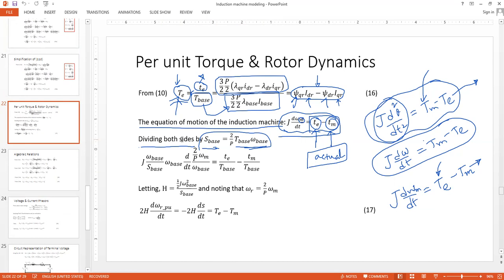Once you divide by this S base, the apparent power base, on both sides, you get this. There are some manipulations. Intentionally, we have included some omega base here and there, so that ultimately we can get this term, half J omega square. Half J omega square.